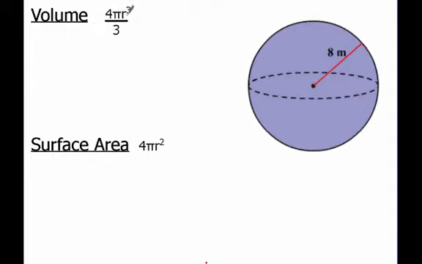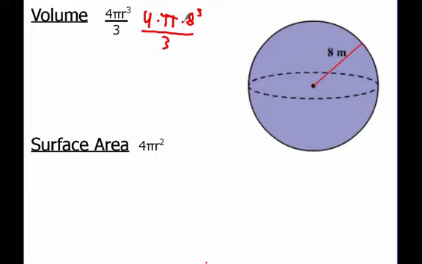4 times pi times the radius cubed divided by 3. So if we work this out, we're going to do 4 times pi times 8 cubed, all divided by 3.